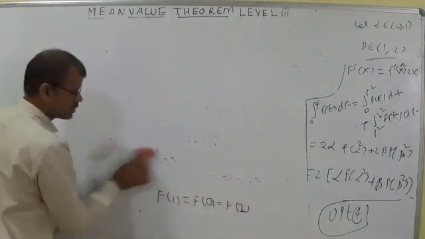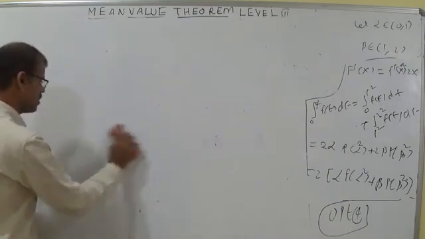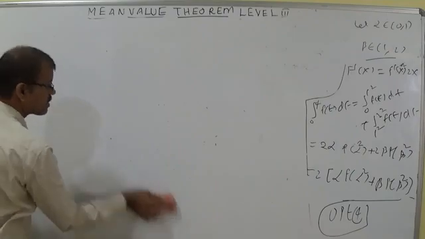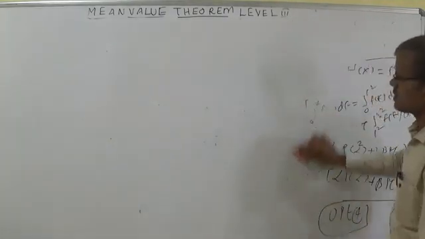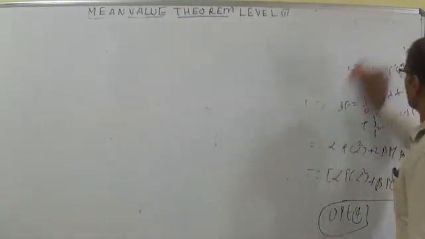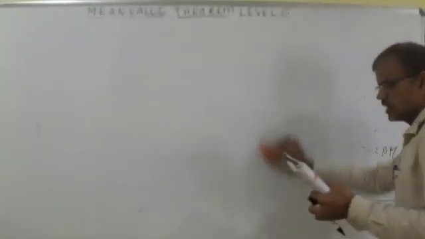So by reading the question you should understand that the function is differentiable and continuous. So where is it applicable, Rolle's theorem or Lagrange's mean value theorem? In level 3, directly he will not ask, because they are multi-conceptual questions. So you should try to understand by reading the question.